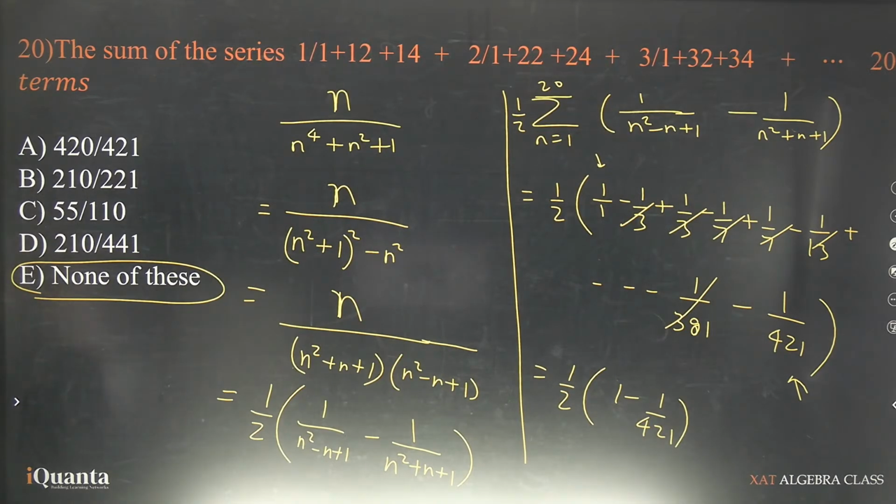Clear? Clear to everyone? E is the answer. If you forgot to multiply by 1/2, you would have marked A.